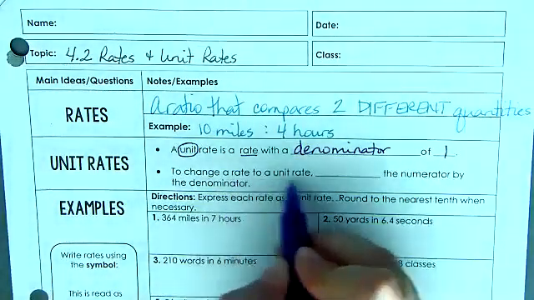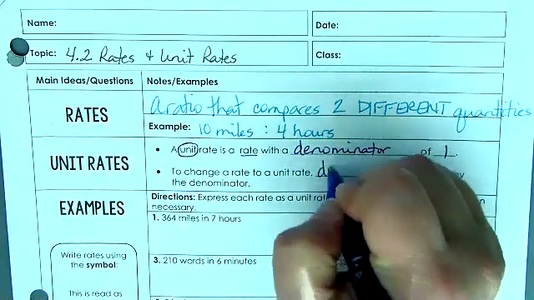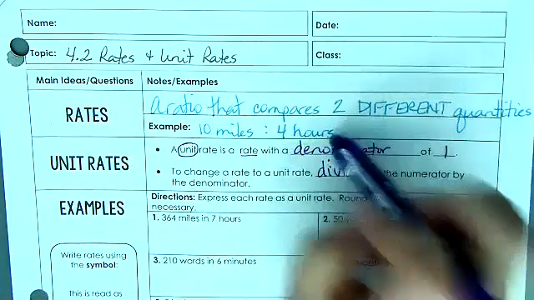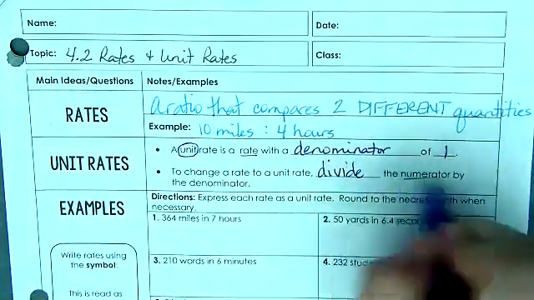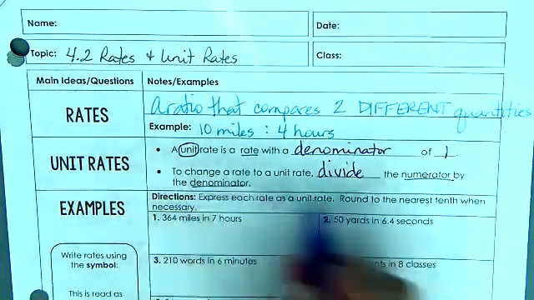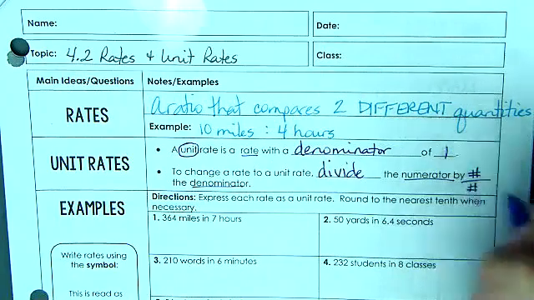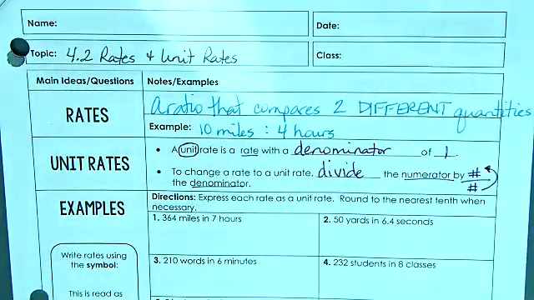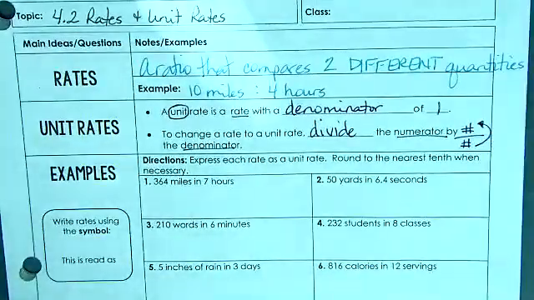To change a rate to a unit rate, divide the numerator by the denominator. So we take the bottom and divide it into the top. All right, so let's work a couple of examples now.